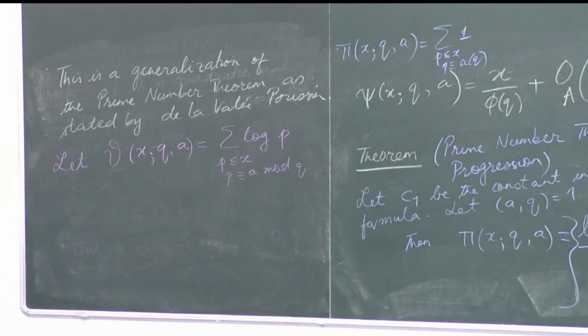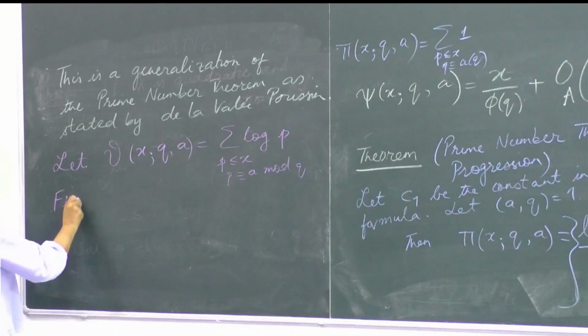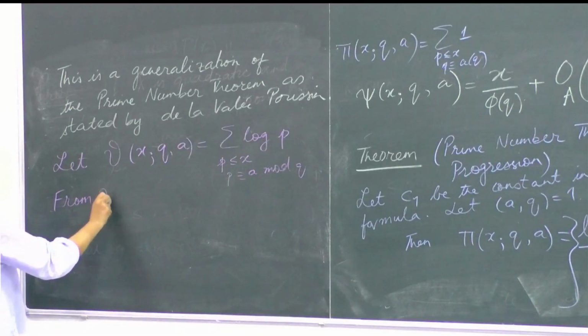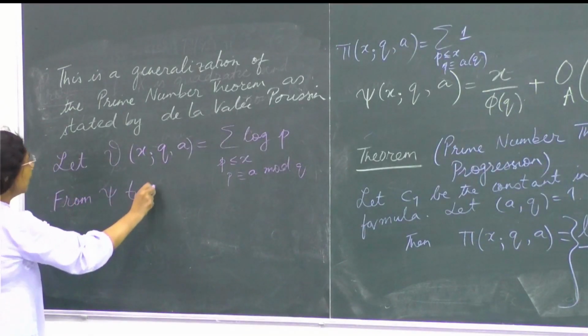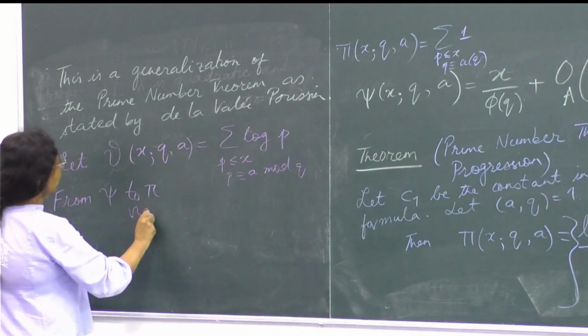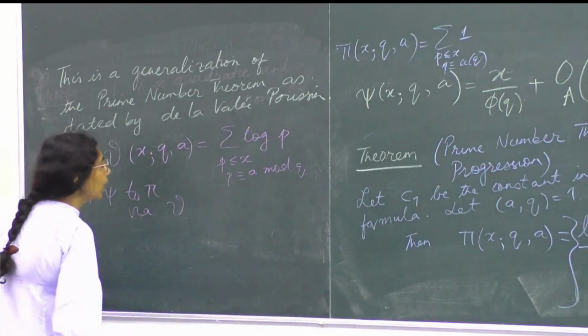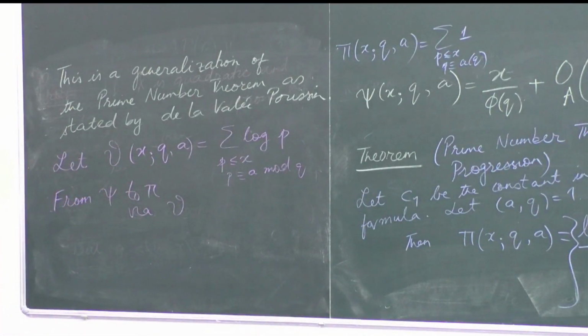So you can integrate by parts, and you imitate the proof of how you come from psi to pi. So you do this via theta. Okay, so maybe you can do that yourself.